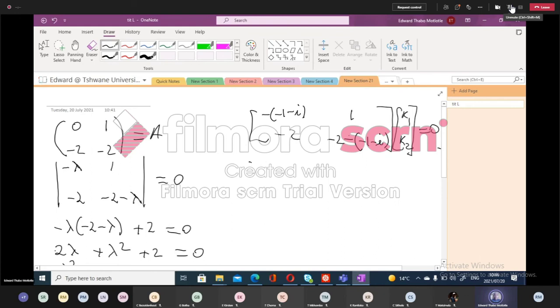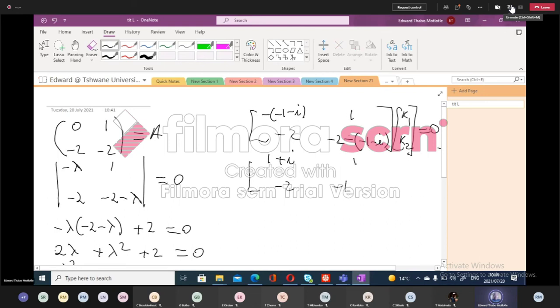So let's try to simplify and see. So we have 1 multiplied by 1 plus i minus 2. Let's try to simplify it completely before we go to the next step. So it's going to be minus 2 plus 1. It's going to be minus 1.